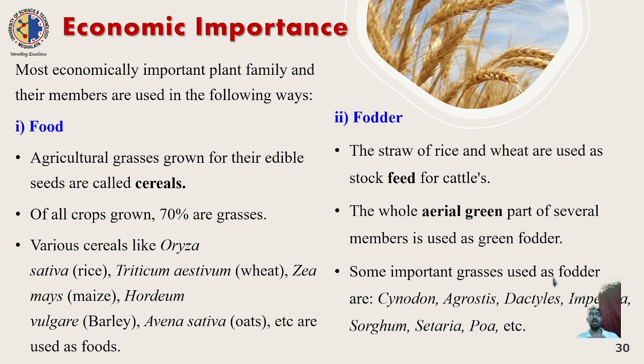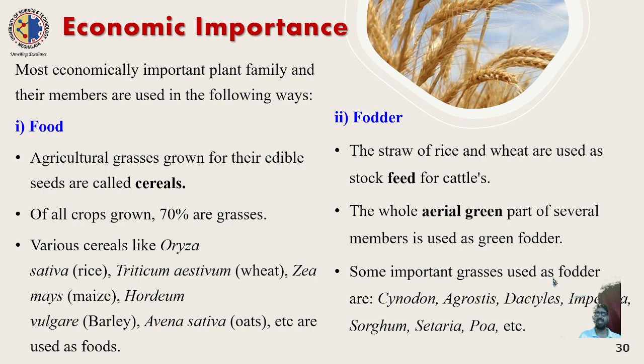Now, coming to the last part of this topic, the Poaceae family, that is economic importance. Is there any economic importance of this family? If we see the first lecture, it is the most important flowering family, because it provides food not only for human beings. It provides food for cattle.